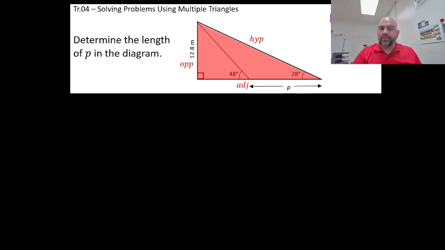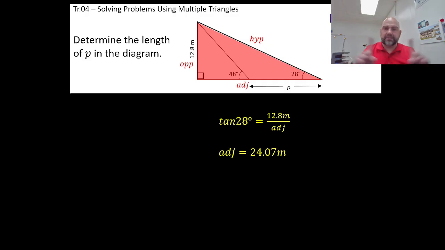We have the opposite side, and we have 28 degrees as our angle, so we're going to use tan to solve for the adjacent, and we come up with an adjacent side of 24.07 meters. That's the entire distance all the way across, which includes P and the shorter triangle. The second step is to use this little blue triangle.